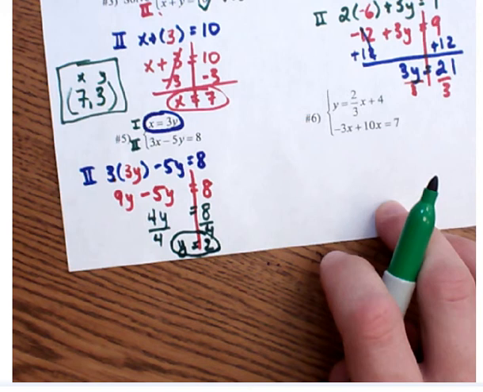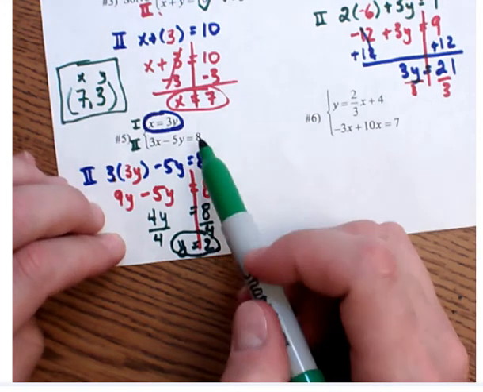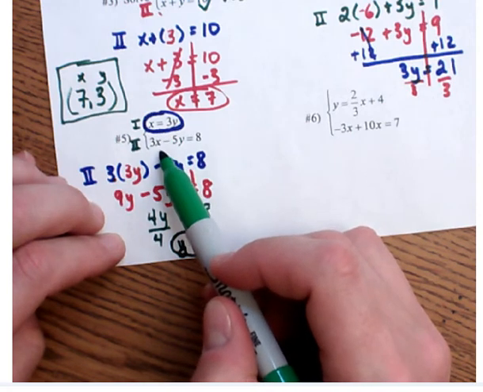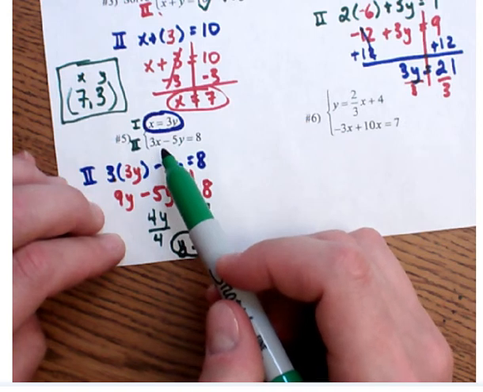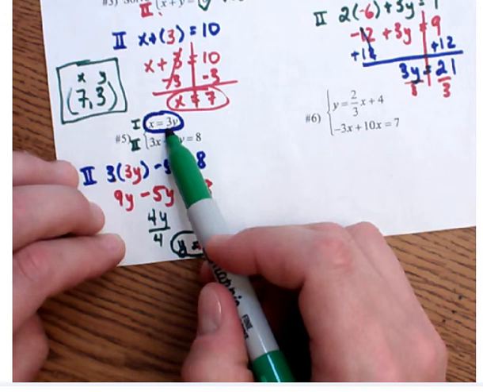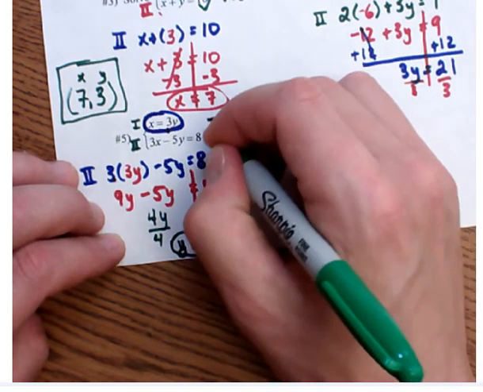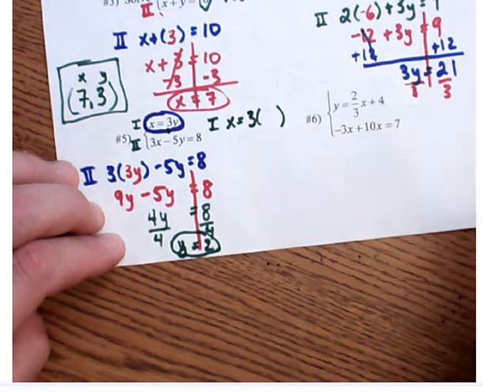Now we're not done. We have y, we need x. You can go back to equation 1 or equation 2 to figure out the x. But I always go to the simpler equation. Which one is easier or shorter? In this case, equation 1 looks a lot easier. It's already x equals. So what I'm going to do is take equation 1, x equals 3 times the y value.